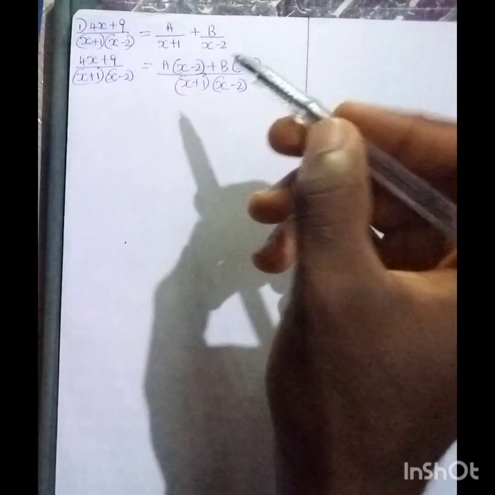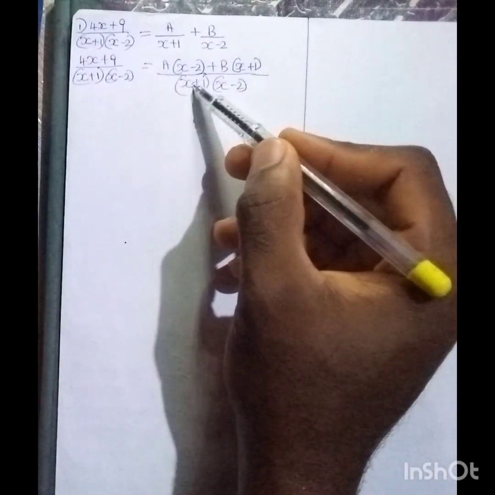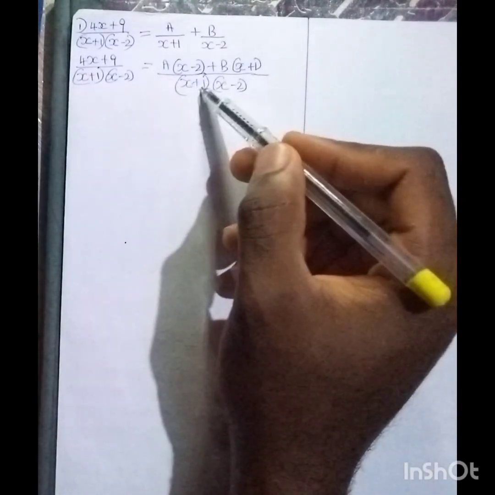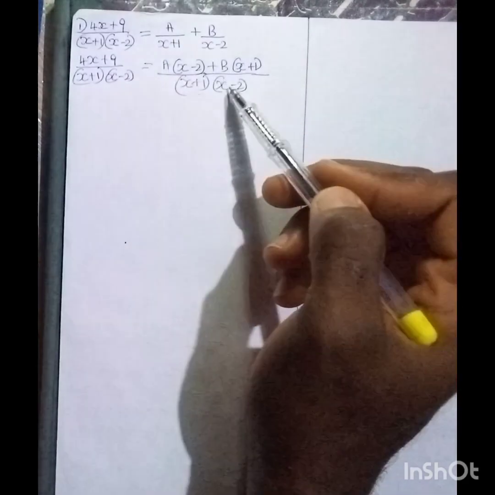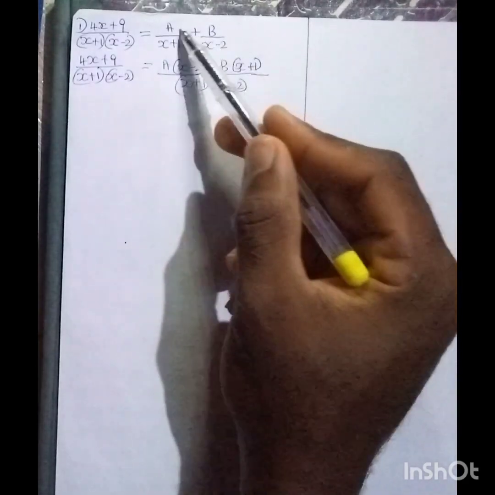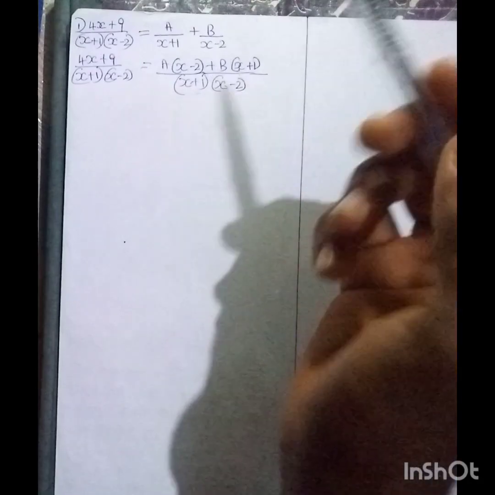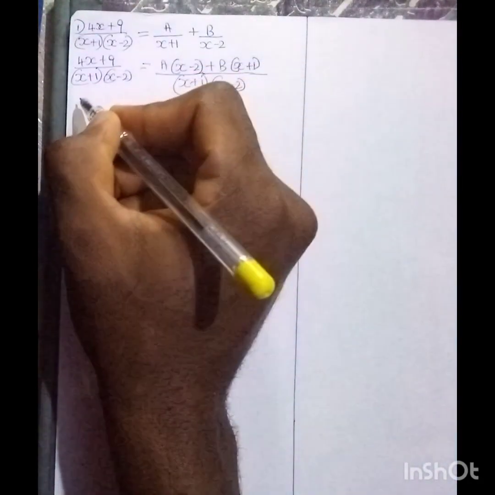What I mean by we have already divided is this denominator: if we divide this one, we are left with (x - 2), so it will be times A. That's it, just so as not to waste our time.